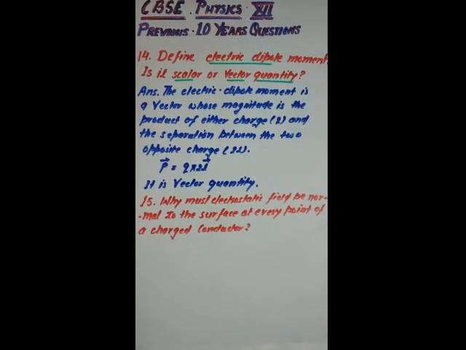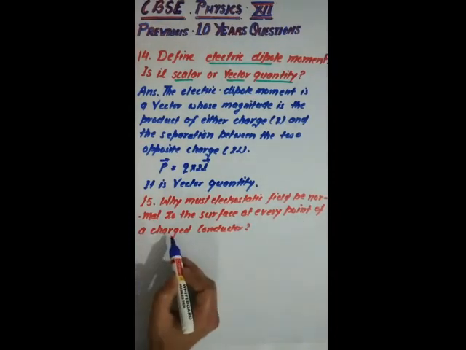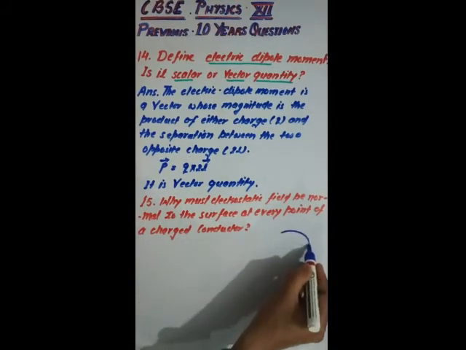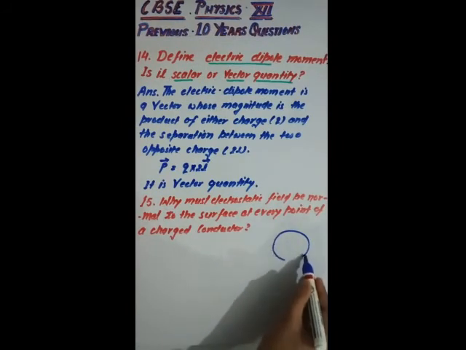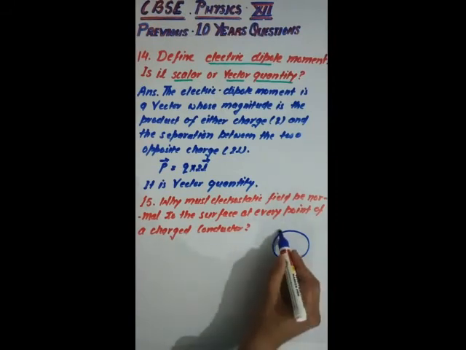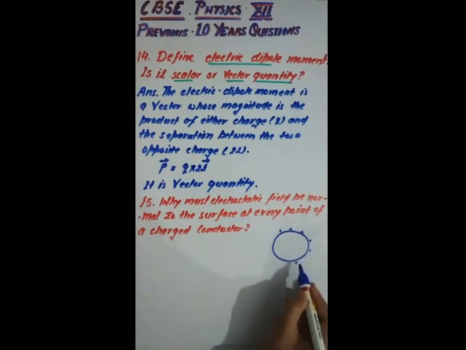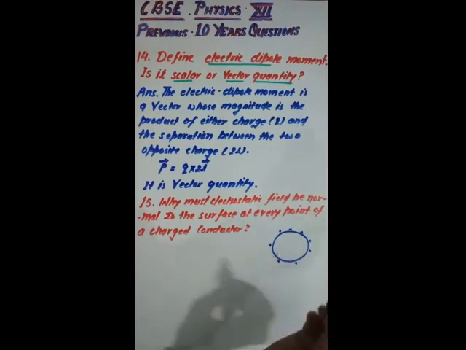Why must electrostatic field be normal to the surface at every point of a charged conductor? When there is a charged conductor, we all know that the charges reside on the surface of the charged conductor, and the field lines should be normal.